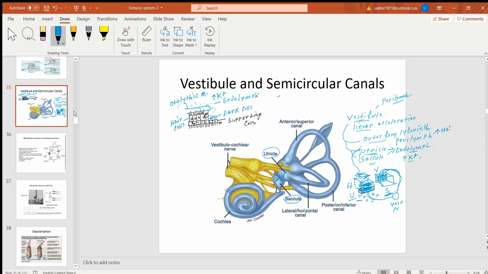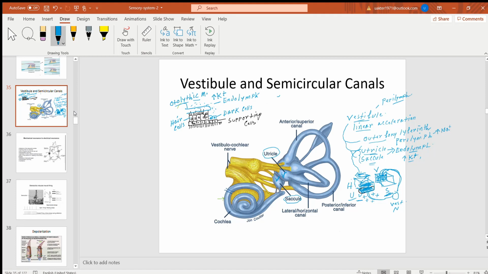And the hairs are inserted or attached to the otolithic membrane, and this otolithic membrane, which is gelatinous, is actually formed by mucopolysaccharide.